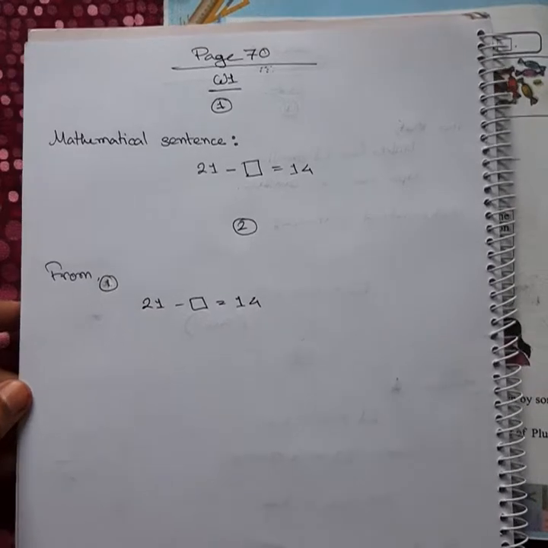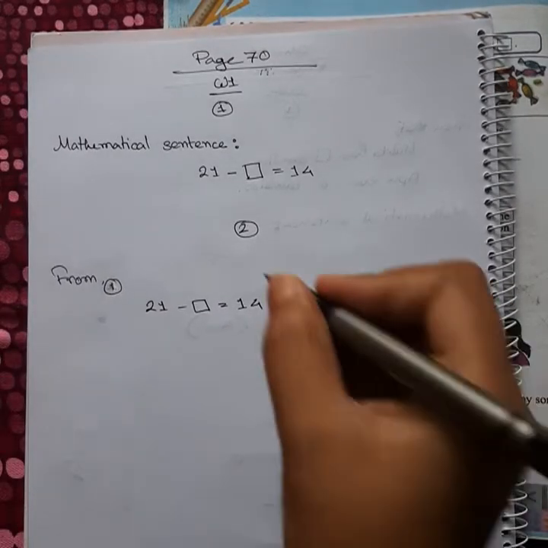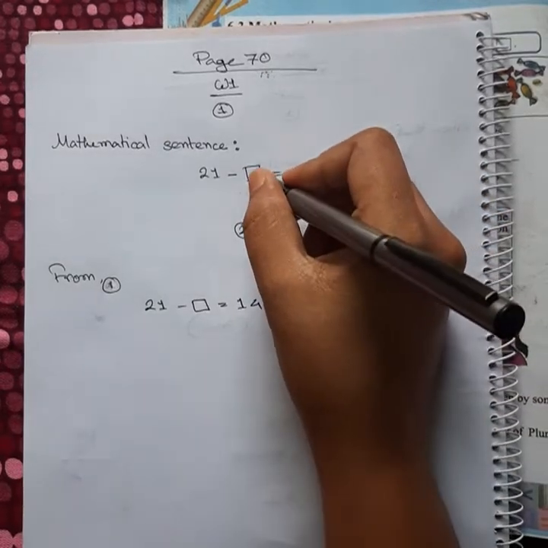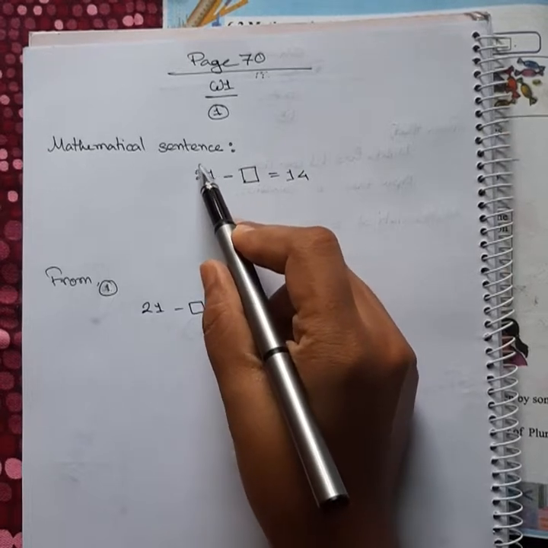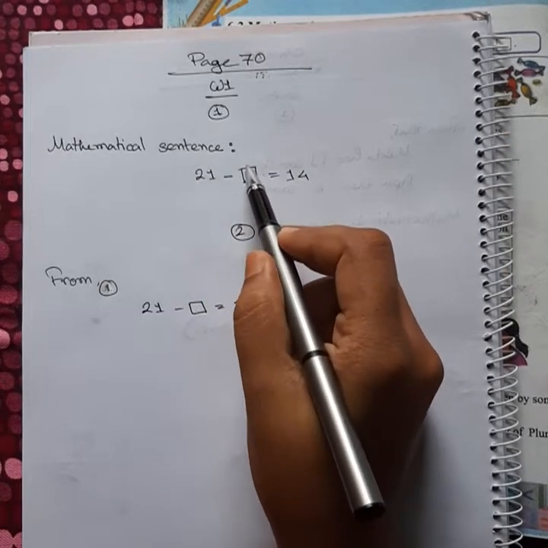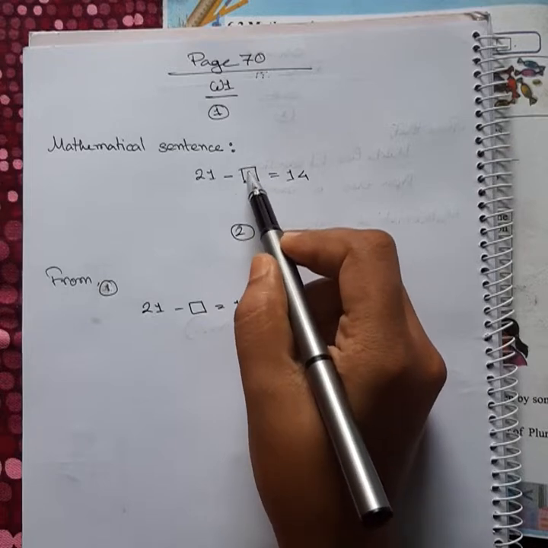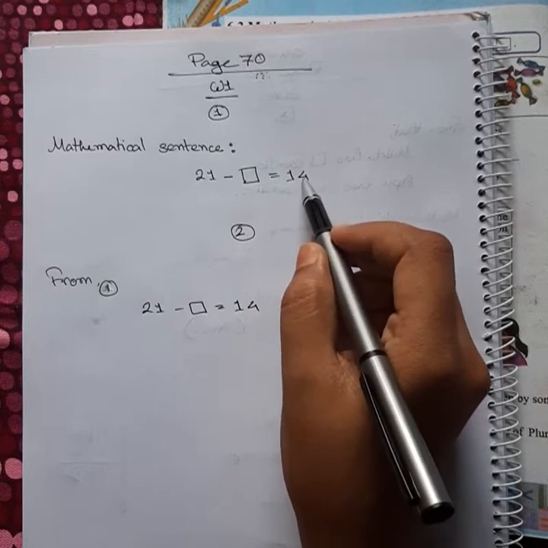Let's see that. Here you can see that I have written down 21 minus the box equal to 14. We were having 21 plums, and that much plums was eaten. That much was eaten, an unknown value, which we don't know, and so we will get 14.